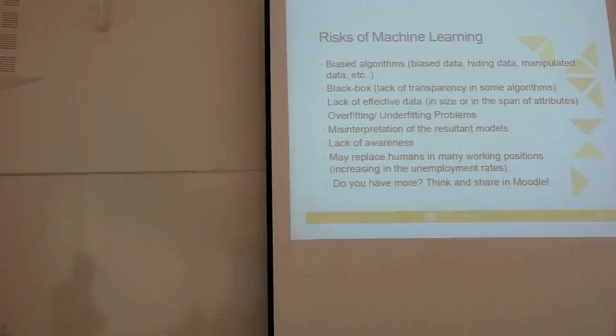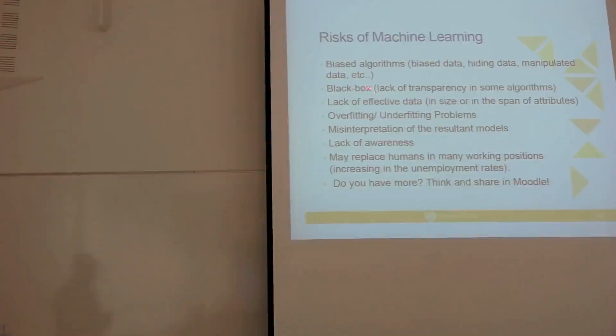So always we need high quality data. Also, we should have enough data, not only high quality, but enough amount of data, and it spans the problem very well. So we might have biased algorithms. If we have biased data, where some of the data are hidden, or we have manipulated data, or whatever, then we might have biased algorithms which do not reflect the real problem very well.